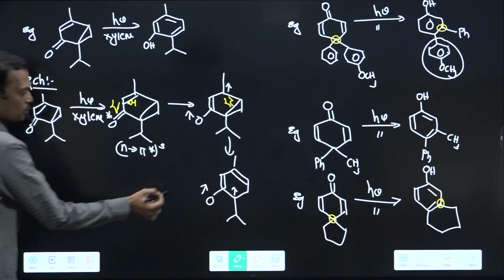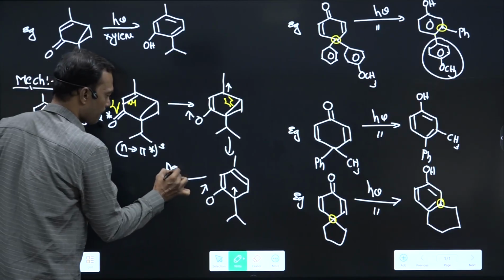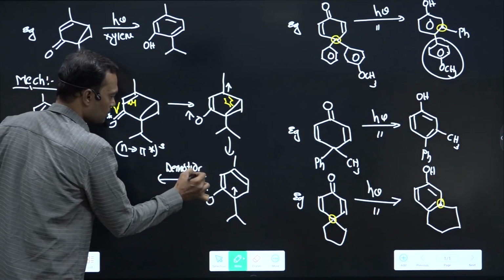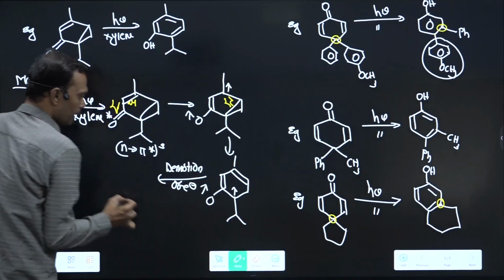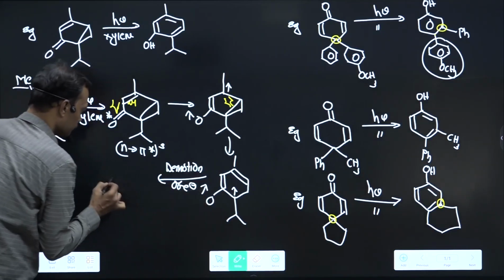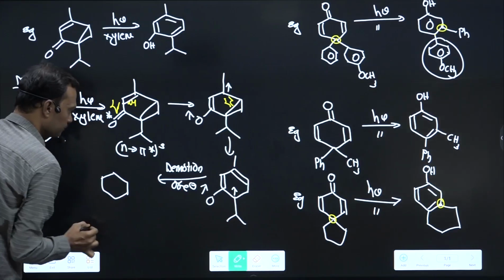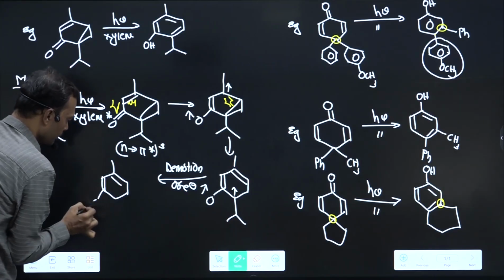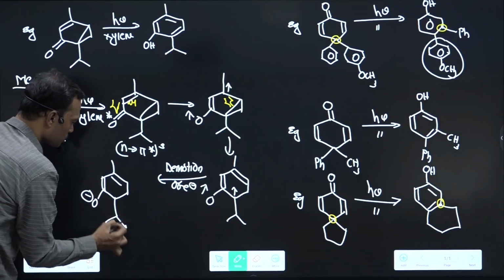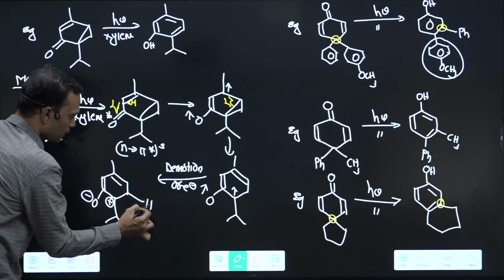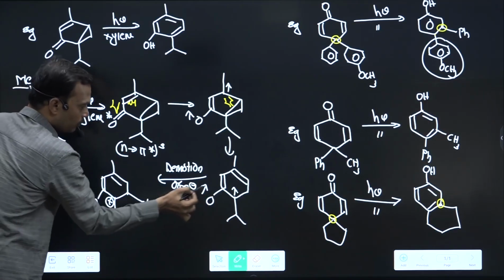Okay, then go for demotion of electron. This electron is demoted from here to here. So when the electron is demoted, here there is a formation of negative charge, and what about the charge here? Positive. Here one of the electrons is here. That electron migrates from here to here.